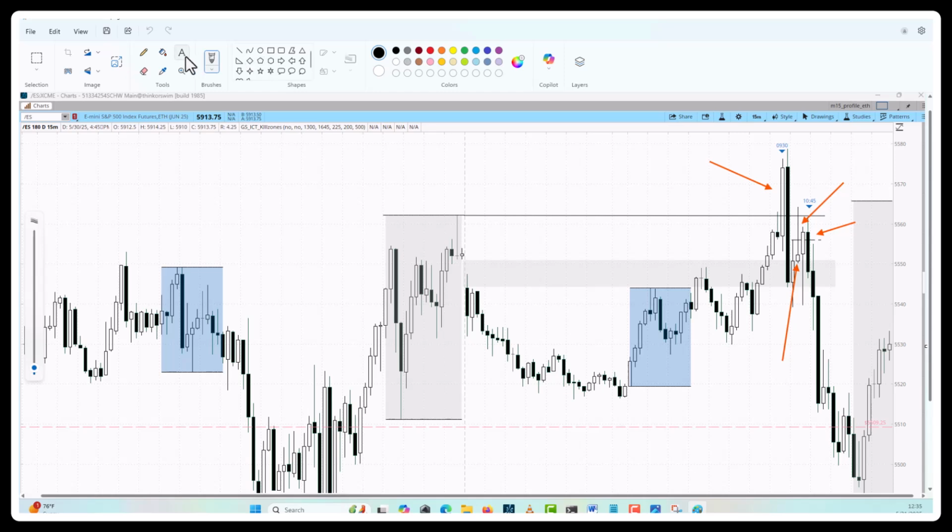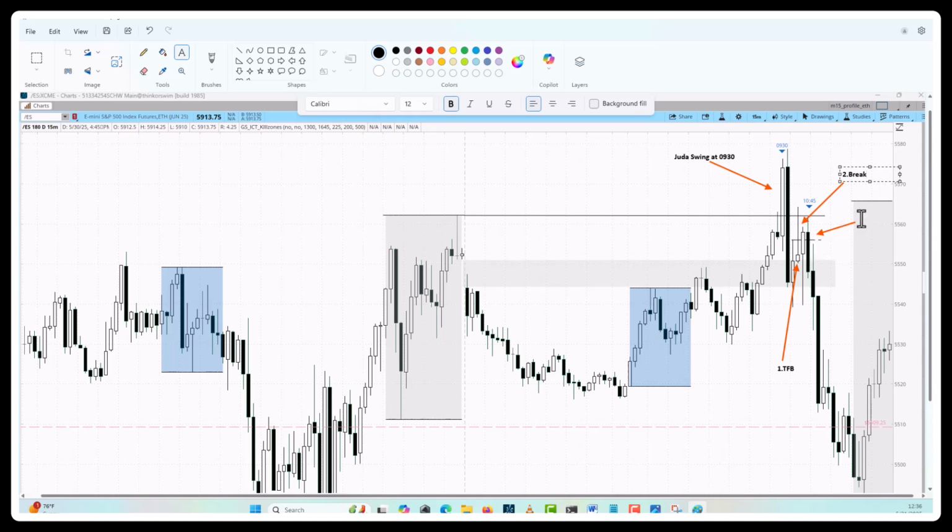So we do our best in our way. All right, so we start over right here. And then right here we have the first step, the test from below, and the next candle is going to break the level.